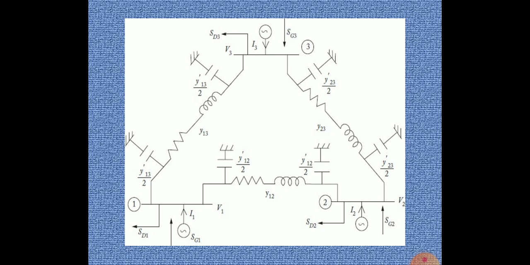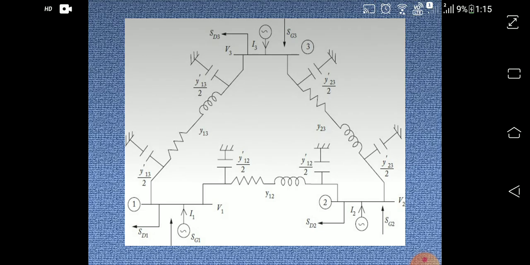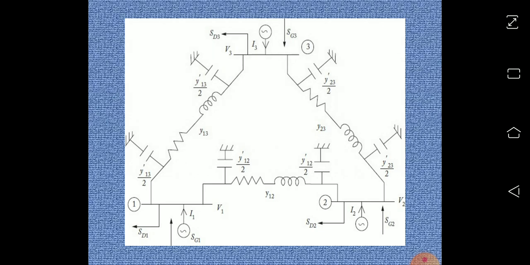Similarly, for bus 2, the voltage value is V2, the current from the generator is I2, and the complex power for generation and demand is given as S of G2 and S of D2. In between bus 1 and 2, the admittance and the half-line charging capacitance on both sides are connected.